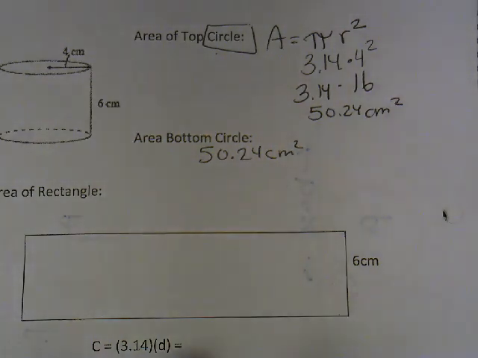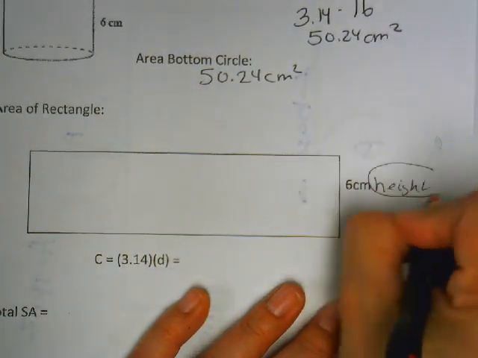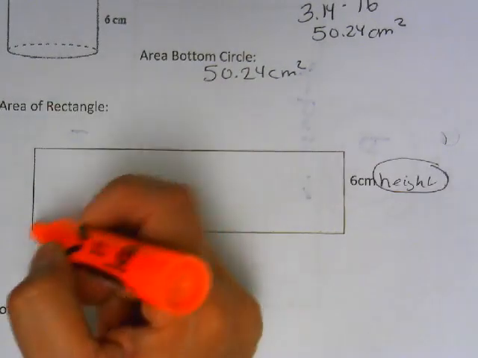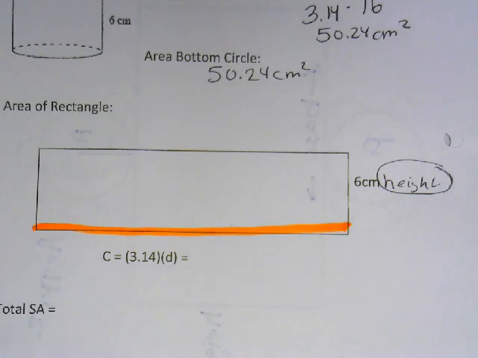So here it is. The 6 is your height. This part, which is your base, in math, they don't give it to you as a friendly number. They hide it in the circumference.